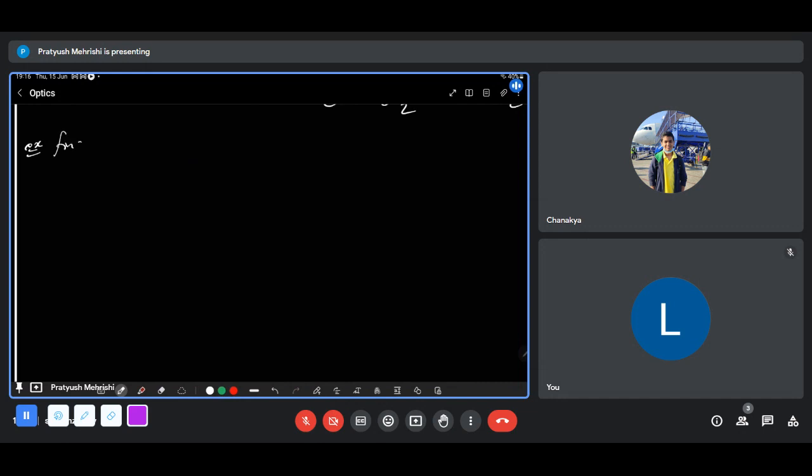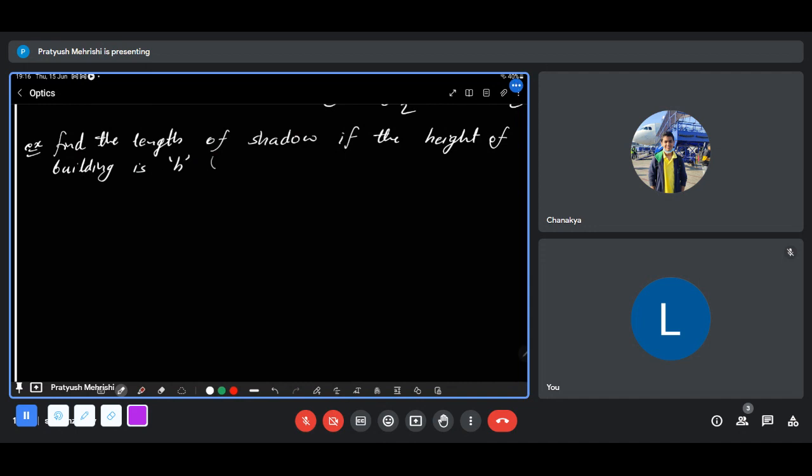First question is, find the length of shadow if the height of the object is small h.